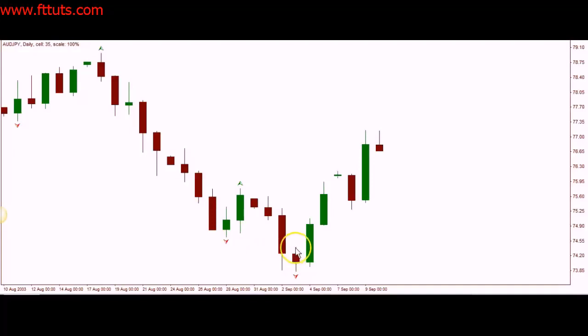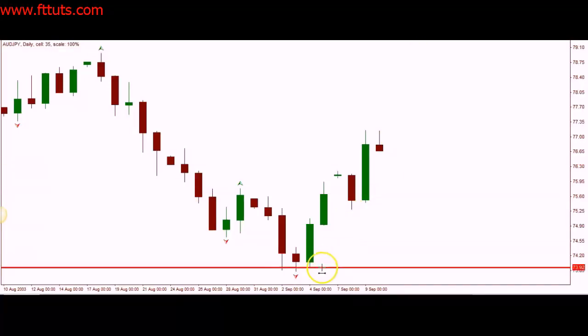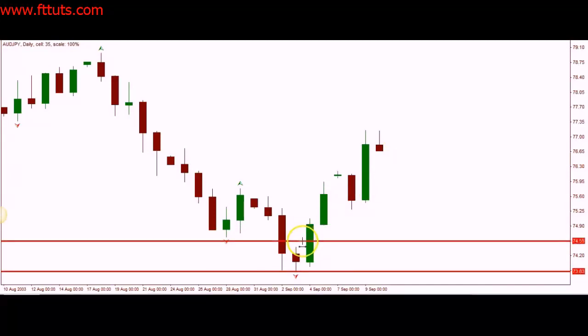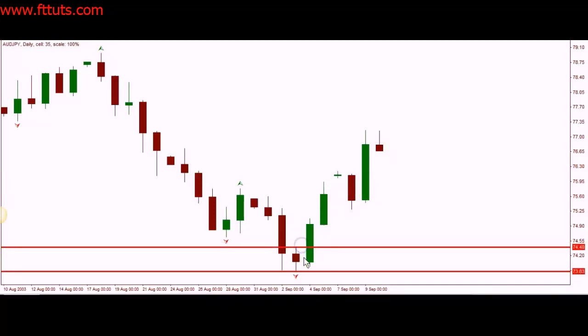But we want to make the zone based off of the low. So we're going to mark this low, and then we're going to mark this high of this candle here. All right, now if there were any other candles in between, it would still be this zone. So we could have 2 more candles in here, or 3, but we would look for price to come back to this zone. This is our demand zone now.